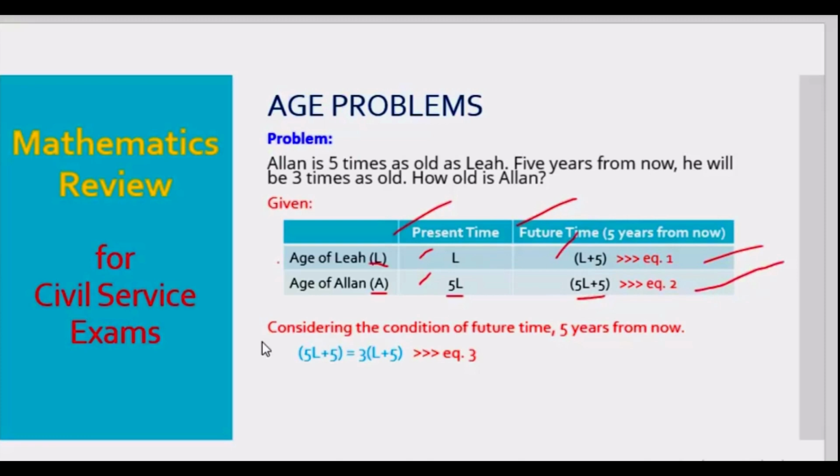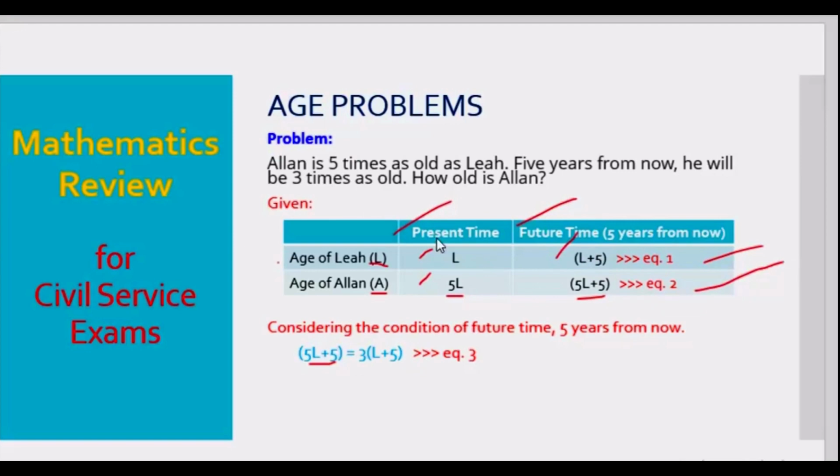And the condition: 5 years from now, the age of Alan, from equation number 2, is 5L plus 5, equals, because it says he will be 3 times as old, referring to the age of Leah 5 years from now.